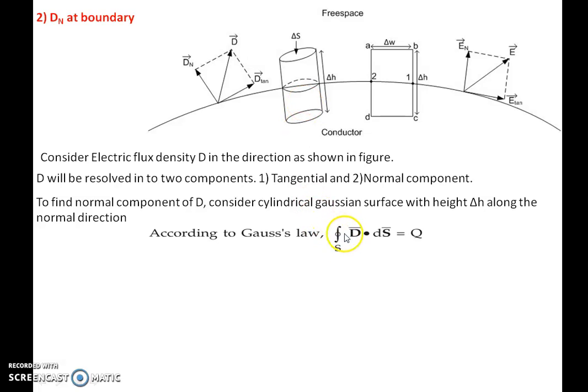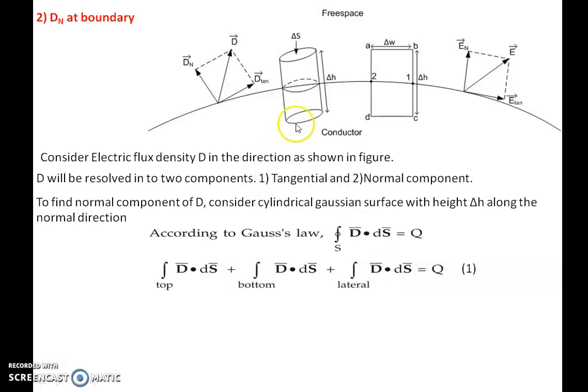So I can split this integral into 3 parts: the integral of D dot dS with respect to the top surface, plus the bottom surface, plus the lateral surface, which is equal to the total charge enclosed in the surface.